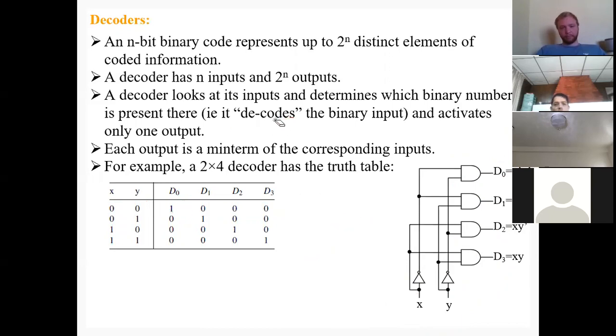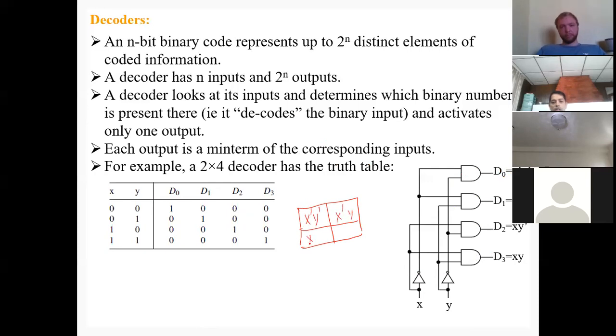Yes. Okay. Now I have one more thing to say here before I go to the next slide. By the way, these are the min terms. Remember we talked about min terms, right? In the Karnaugh map, we talked about min terms, right? So this guy is x prime, y prime, this min term, and this is x prime, y.